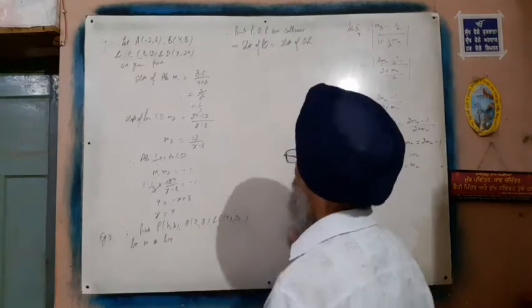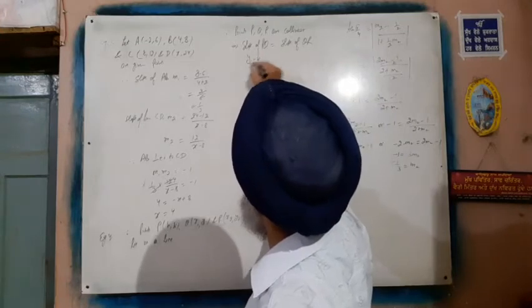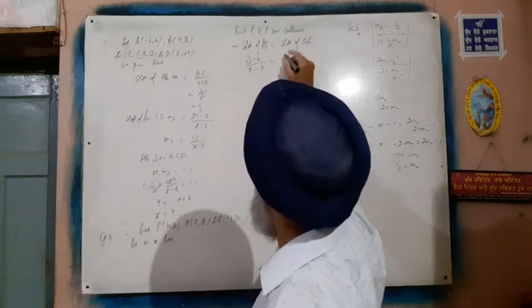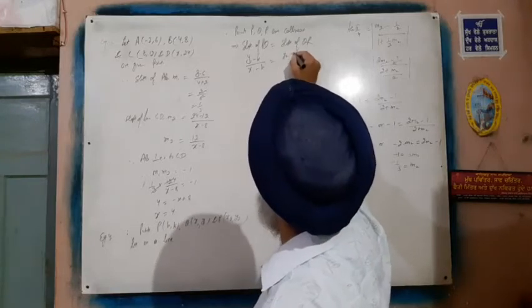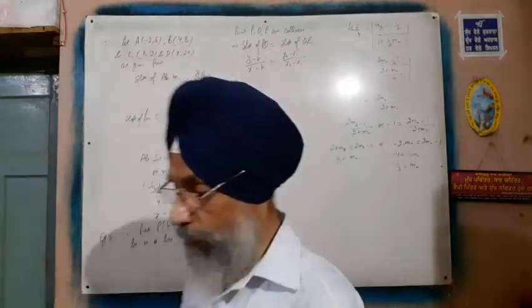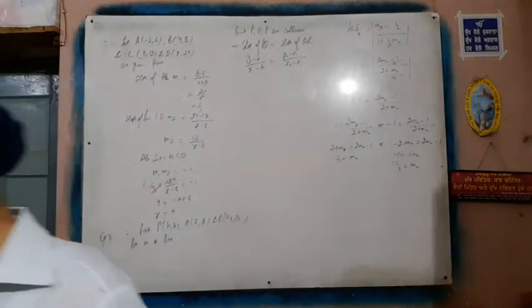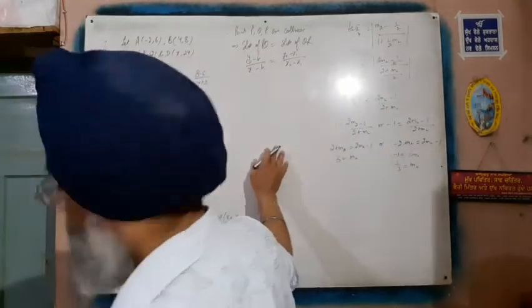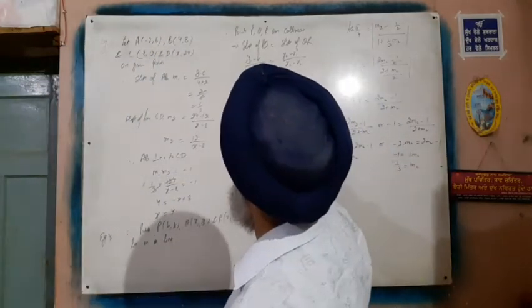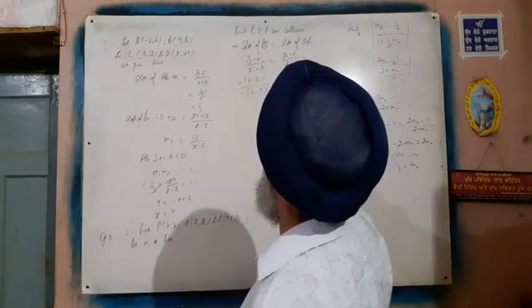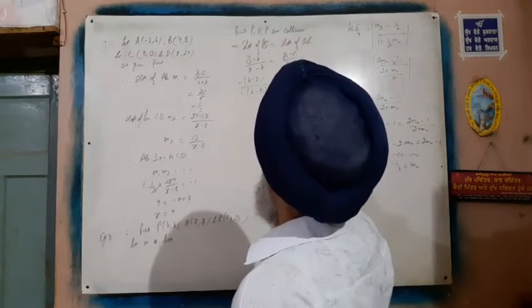Applying the two-point formula: y1 minus k upon x1 minus h equals y2 minus y1 upon x2 minus x1. What do we have to show here? We have to show k minus y1 into x2 minus x1 equals y2 minus y1 into h minus x1. Okay, taking negative sign common here, it's k minus y1 upon minus of h minus x1, equals y2 minus y1 upon x2 minus x1.